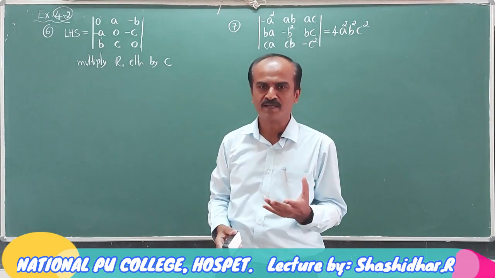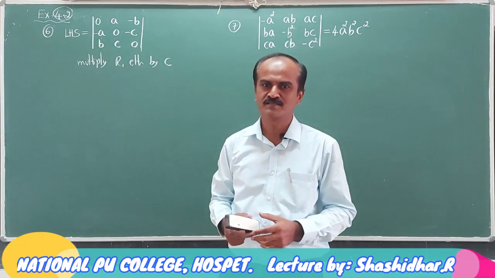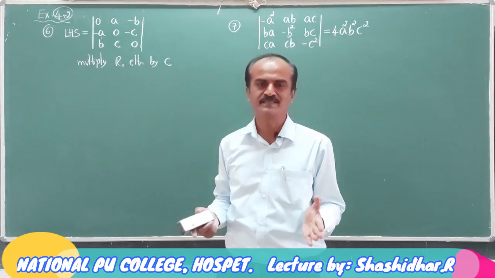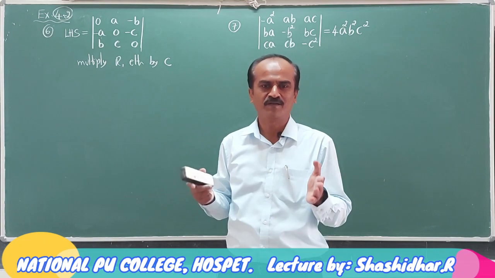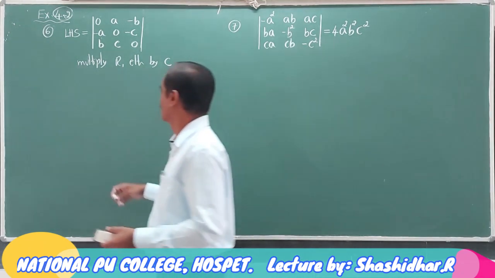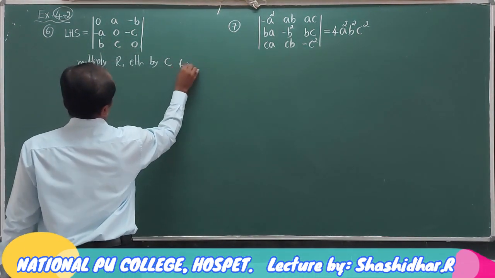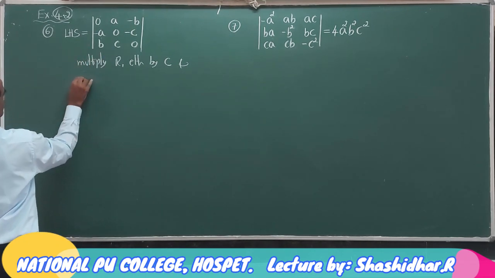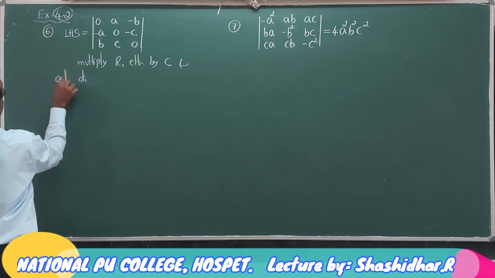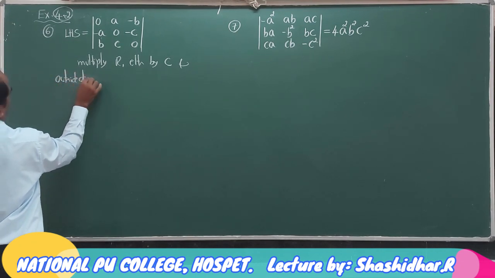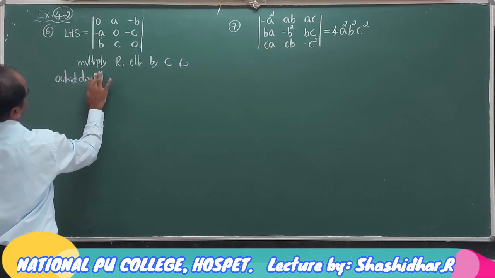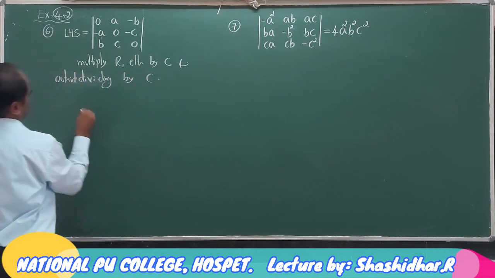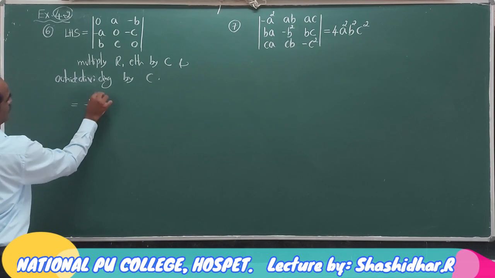If you multiply, the value of the determinant definitely changes. In order to maintain the same value, I will divide by C also. Outside the determinant, I will write 1 by C. That is 1 by C times the determinant.